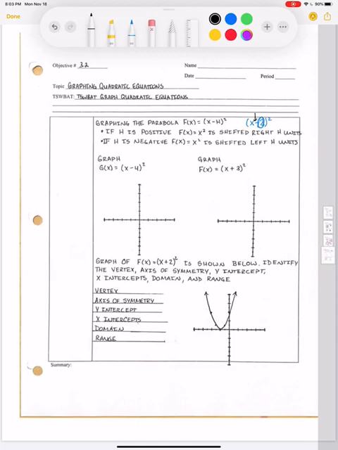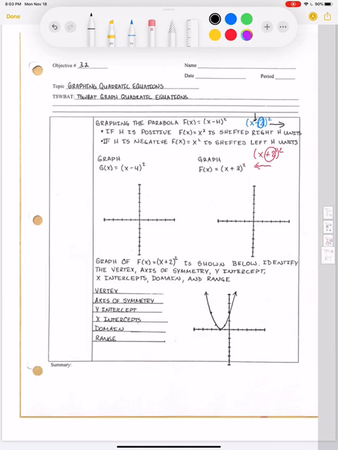You have to take the opposite of what you see. So even though this 2 looks negative, it's actually positive, and it's going to move us to the right. If h is negative, then x squared is shifted to the left. So if you see something like x plus 2 squared, this positive 2 is going to move us to the left 2 units. Okay?